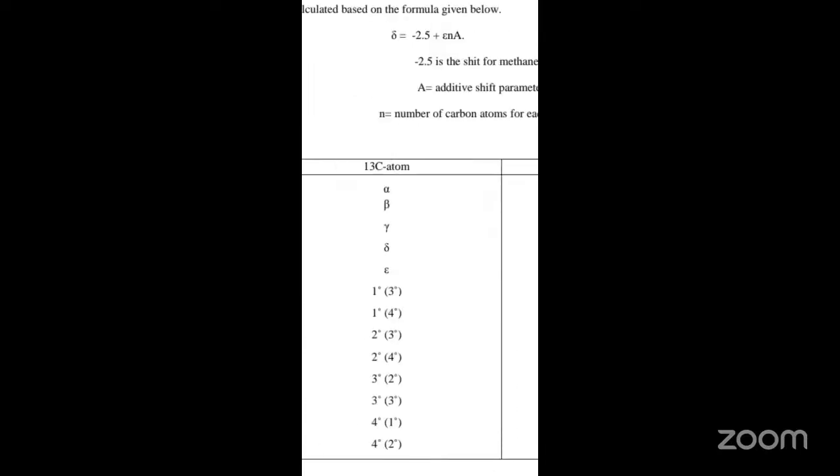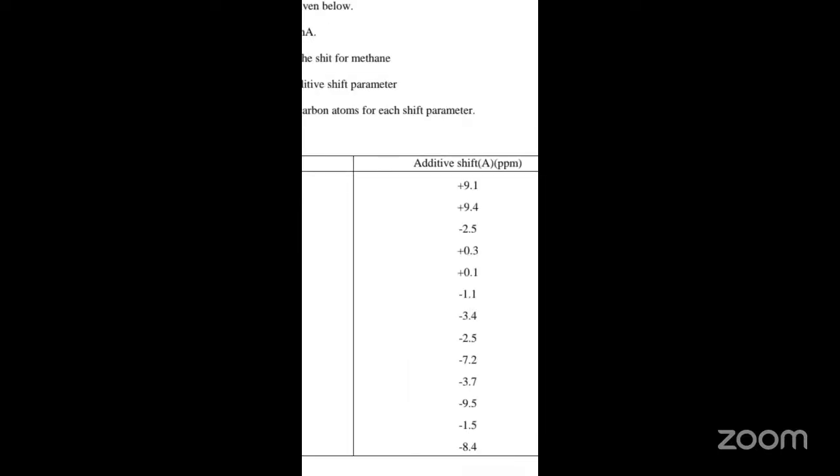Now we'll see the increment values. For alpha carbon, you add plus 9.1. For beta, you add 9.4 here. For gamma, you add minus 2.4. For delta, the value is plus 0.3 here.